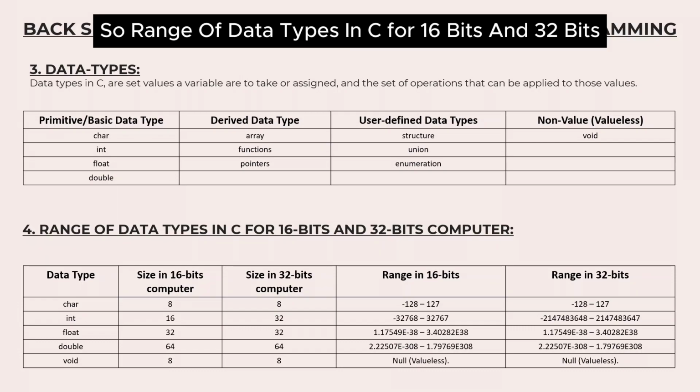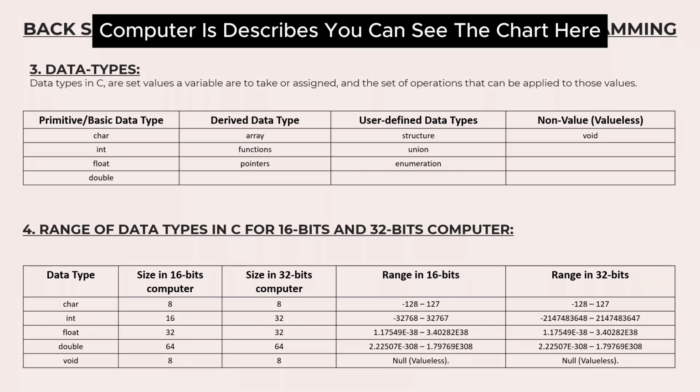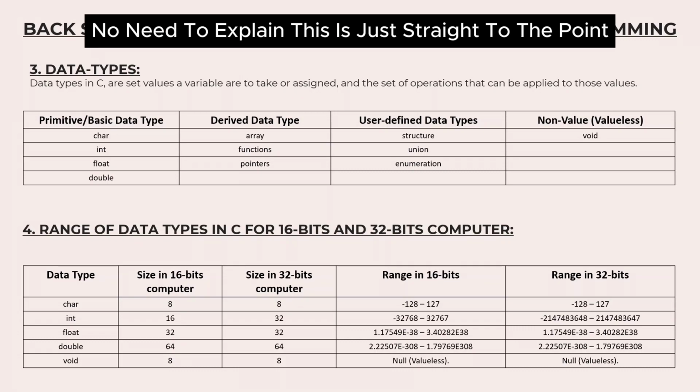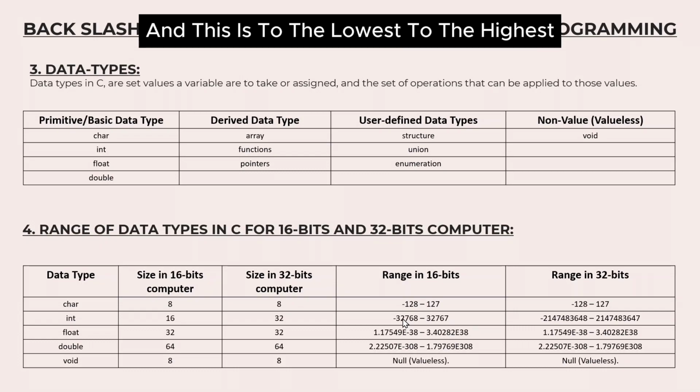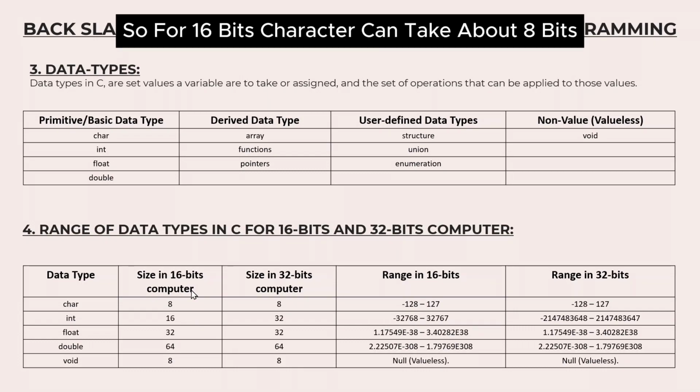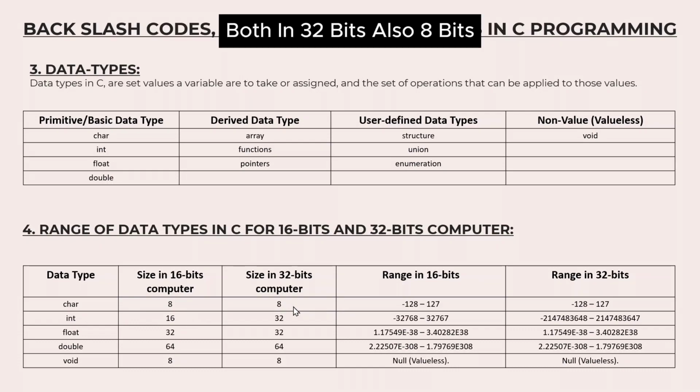The range of data types in C for 16-bit and 32-bit computers is described here. You can see the chart. No need to explain this, it's straight to the point. This is the range, from the lowest to the highest. For 16 bits, character takes about 8 bits, and in 32 bits, also 8 bits.